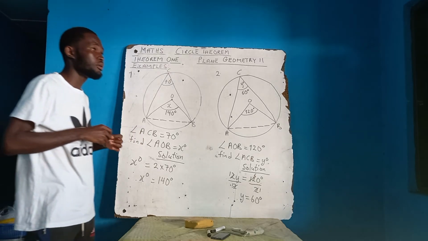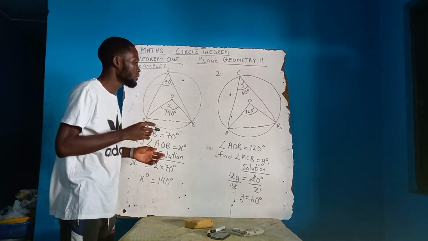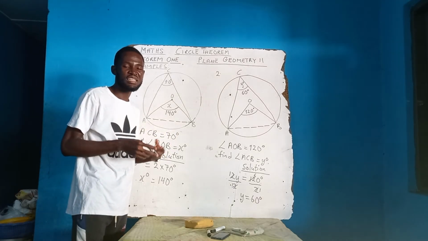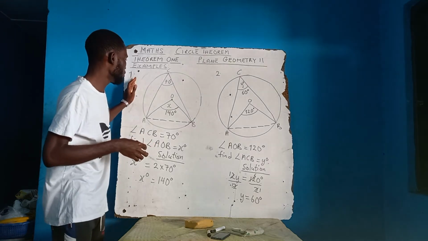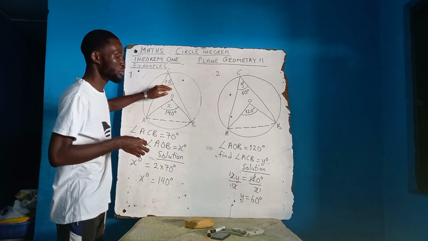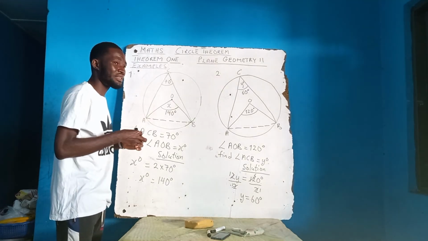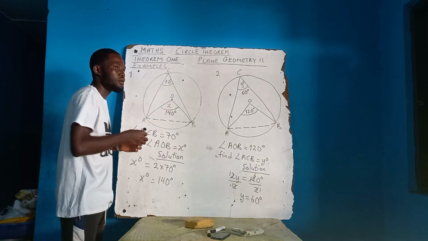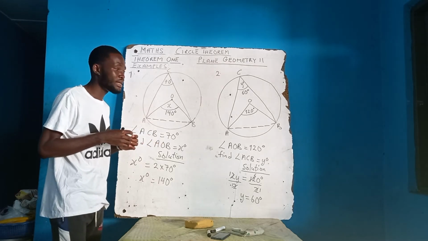So you see, we've deliberated on theorem 1 and we are having separate instances on the same theorem 1. That is whereby in our first example, the angle has been presented at the circumference of the circle and we're tasked with finding the resulting angle at the center of that same circle.